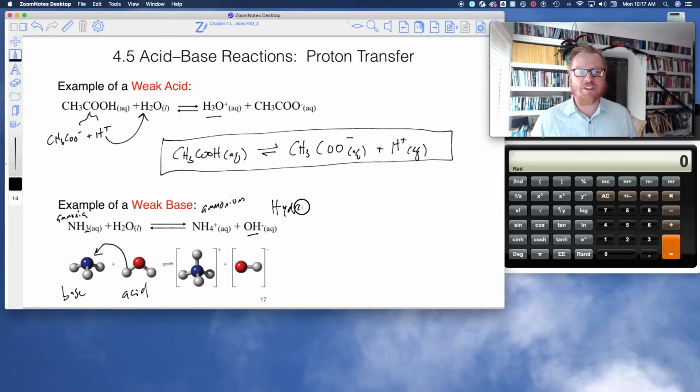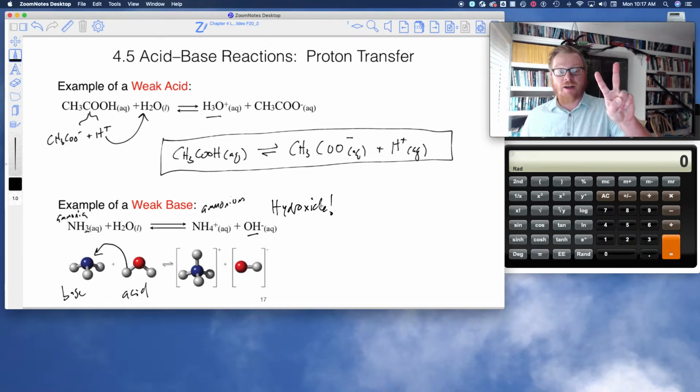So we can actually see in this weak base example that there are two definitions going on. One, the base is a proton acceptor: the ammonia is accepting a proton. But number two, it's also making hydroxide. So that's pretty cool. The other example that I want you to know for this class for a weak base is the following.